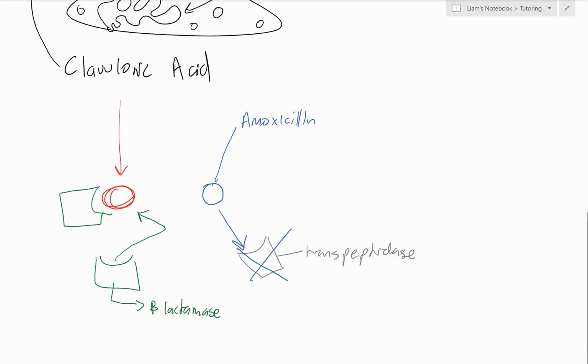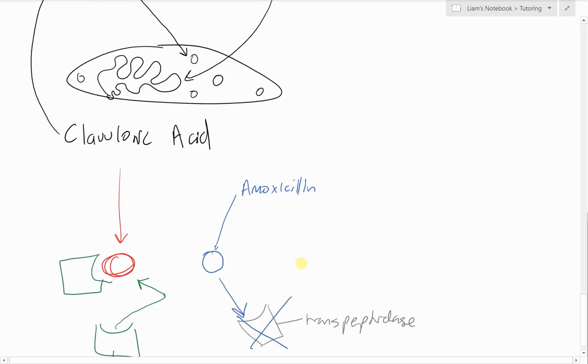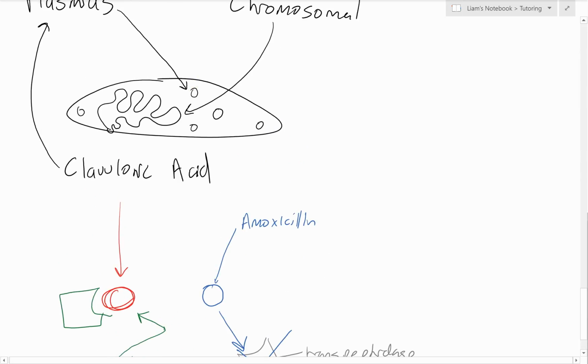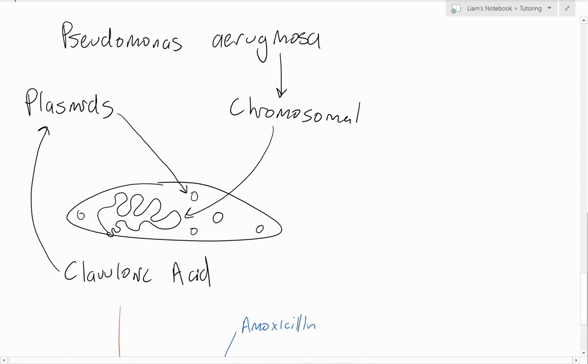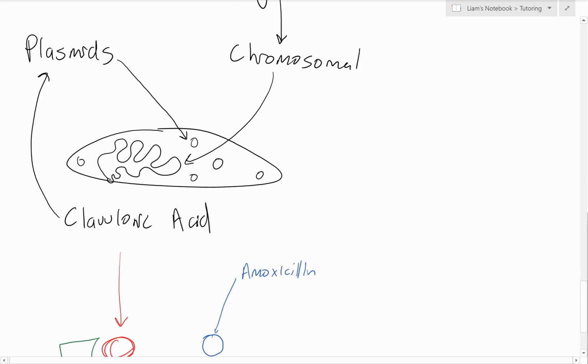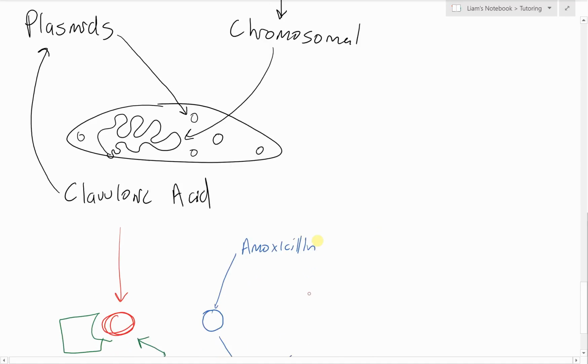So clavulanic acid is a really important way to overcome plasmid-encoded beta-lactamase driven resistance, I guess. If it's chromosomally encoded, as it is in Pseudomonas aeruginosa, for other reasons, it can't bind clavulanic acid.